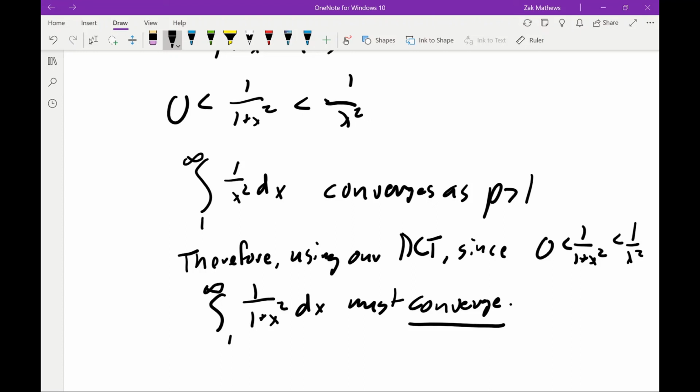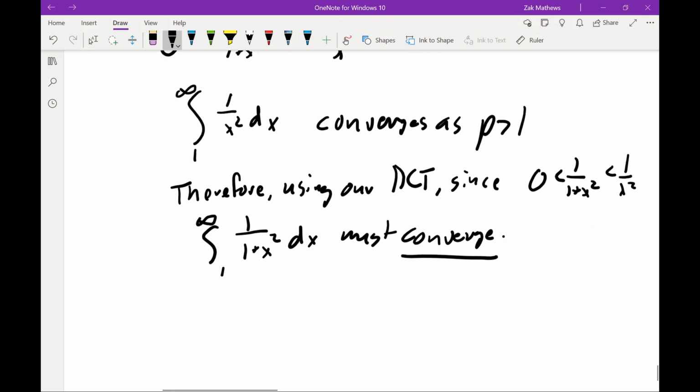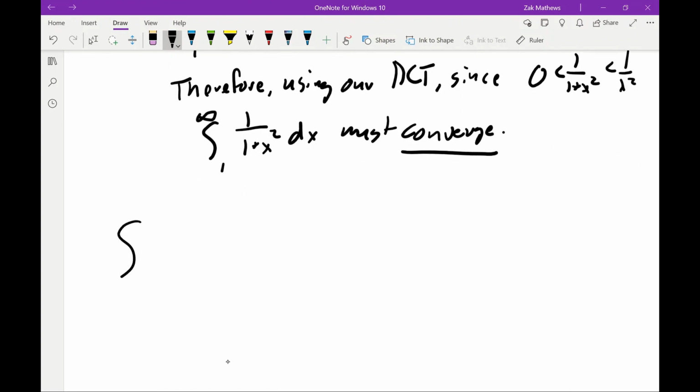Let's take one last example. So let's determine the convergence of the integral of, let's take 4 to infinity of dx over the square root of x minus 1.